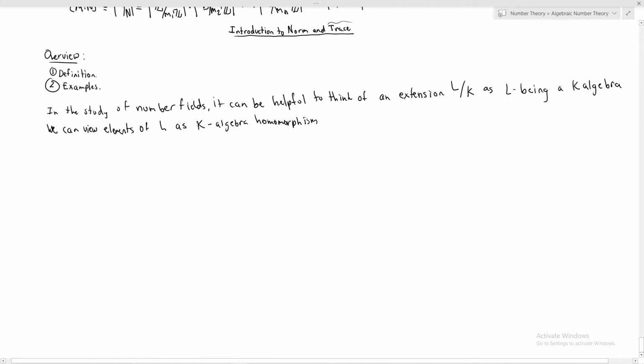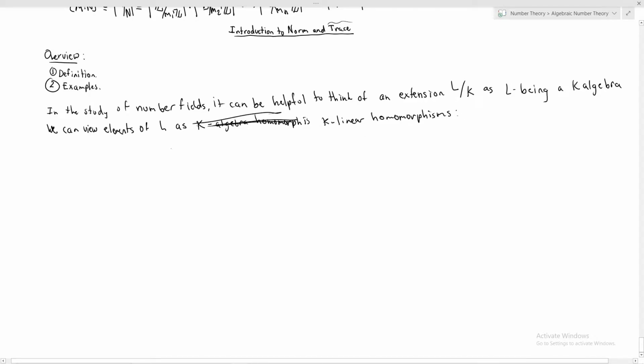So how do we do this? Or I guess not K algebra homomorphisms, sorry, these should be K linear homomorphisms.